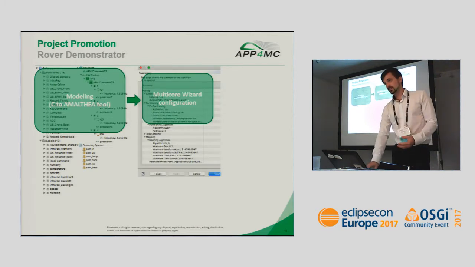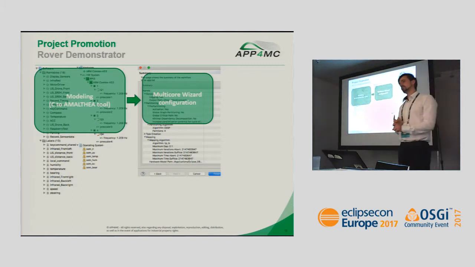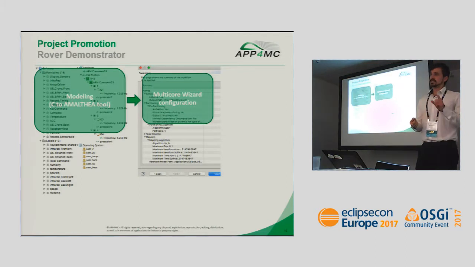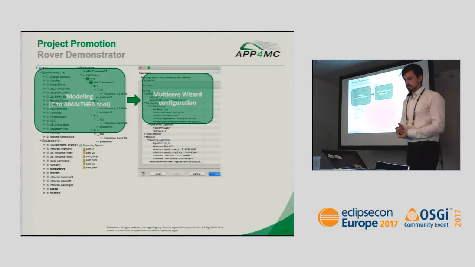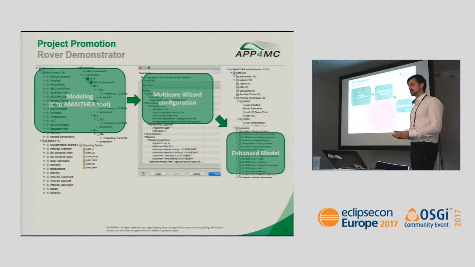From there, in FRMC, you can use the multicore wizard that guides you through all the different processes and also through the configuration steps, because there are a lot of different configurations in order to constrain and adapt towards user-specific needs. Then an enhanced model is generated that contains not only the runnables, but also the so-called process prototypes that are just preliminary tasks.